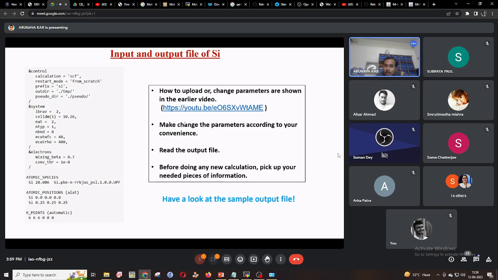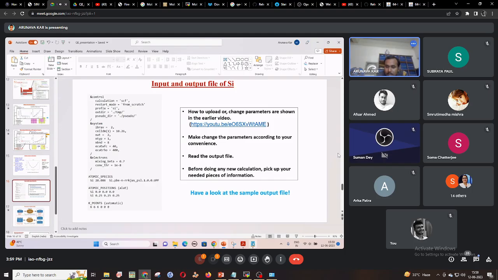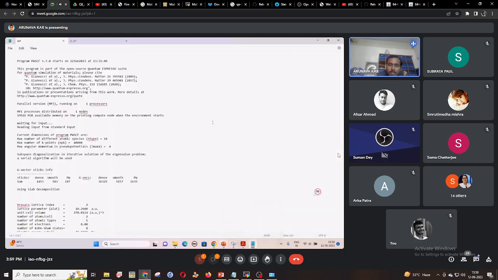Now have a look at the output files. What are the output files? Are you able to see my output files? Yes, okay, this is a typical output file. The first line shows it's version 7.0 we are running.